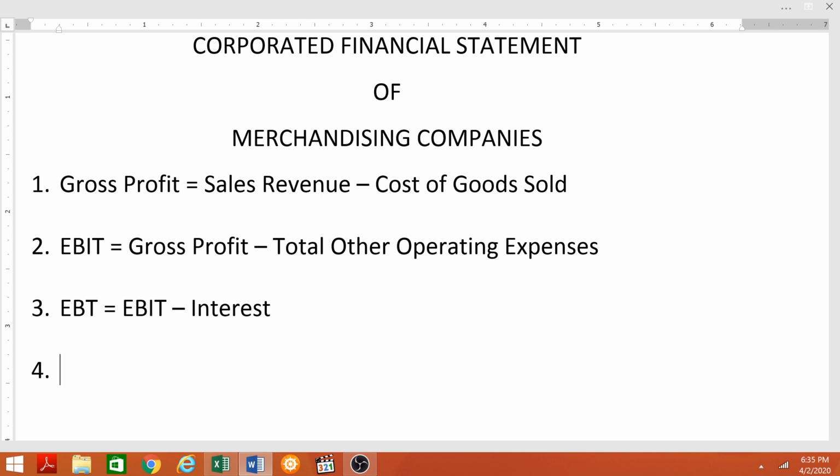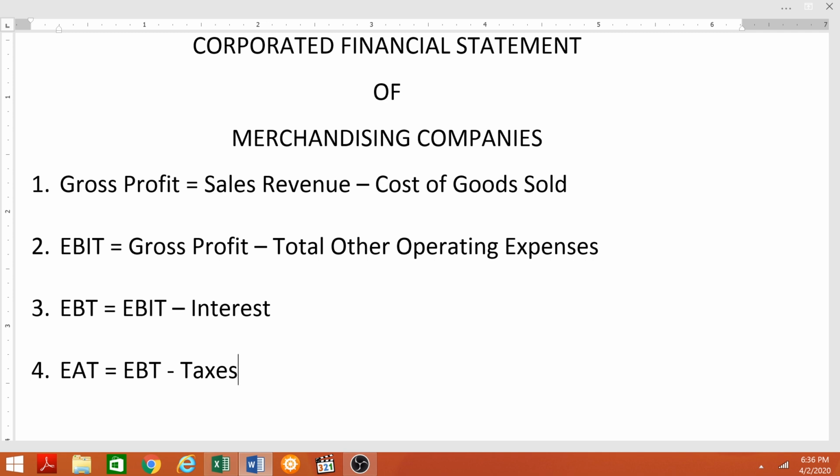Now the last step, if I ask you to calculate earning after taxes, you already have calculated earning before taxes. So now what you have to do? You have to just subtract the amount of taxes from earning before taxes. So you can get the result of earning after taxes.